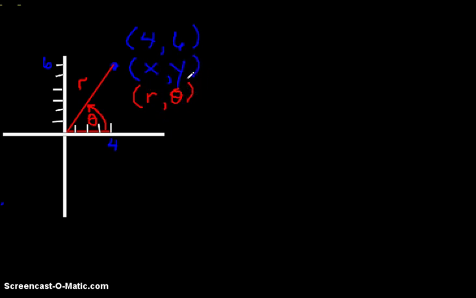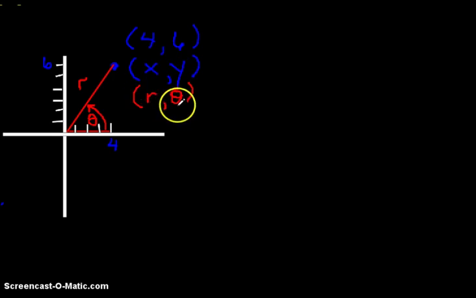So the way that we do that is we have to find relationships, formulas that we know from our past, that incorporate x, y, r, and theta.